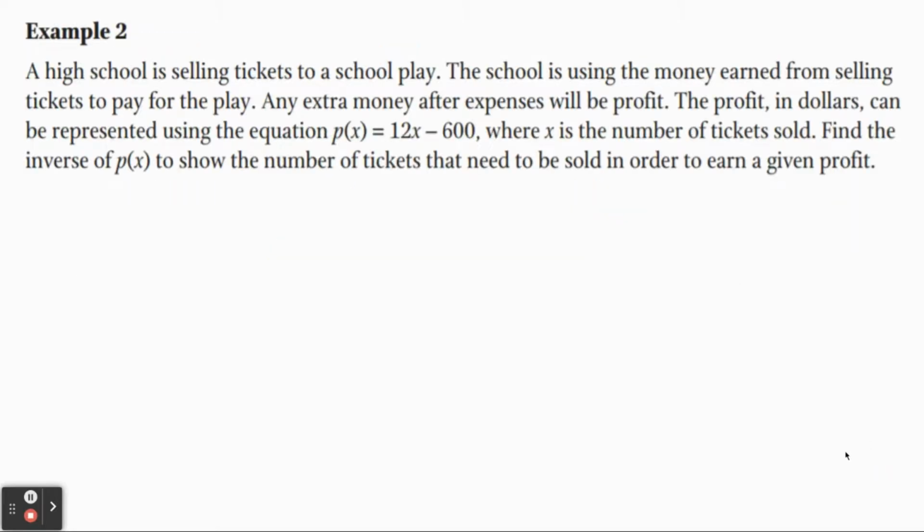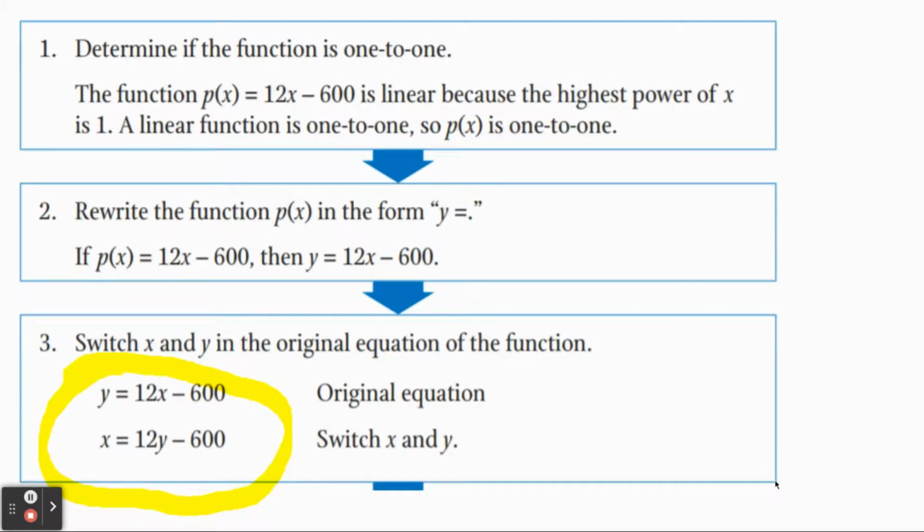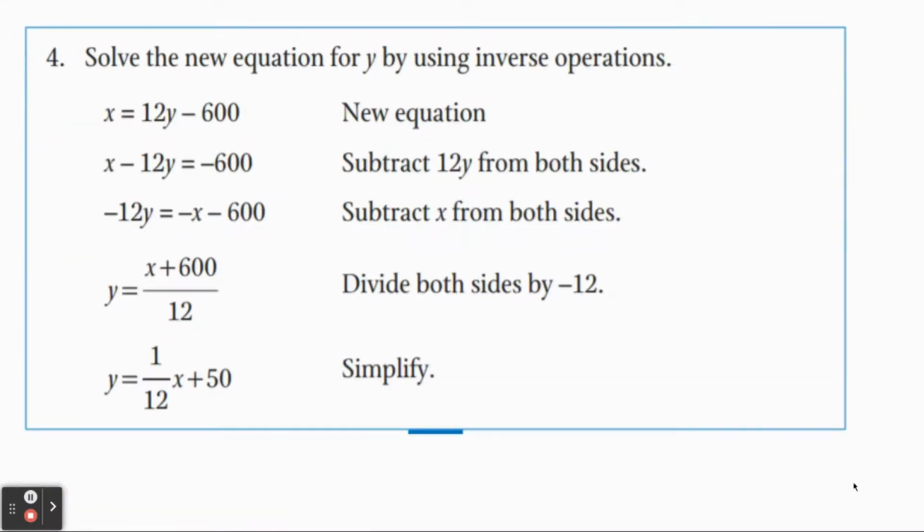Example 2 deals with a high school selling tickets to a play and how much profit you're making. What if you wanted to know how many tickets you need to sell to make a certain amount of profit? Well, you could do the inverse function. First, we write y is equal to 12x minus 600 and switch the x and the y. And we're going to solve for y.